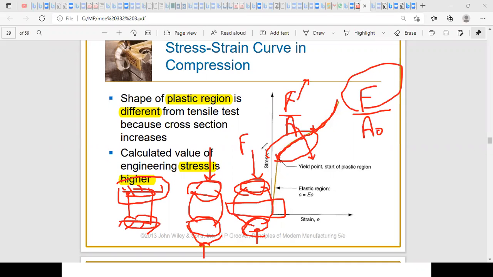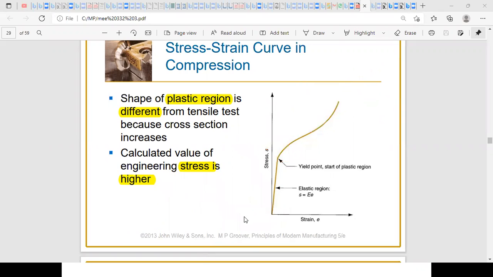You will have what we call the barreling effect. So at this stage, you will say that I can stop my compression. And you have a certain failure, but different from necking. Okay, so I will repeat these ideas in brief next time.